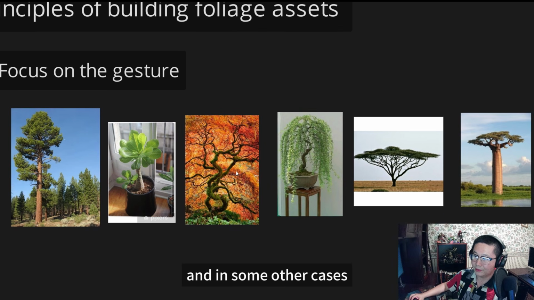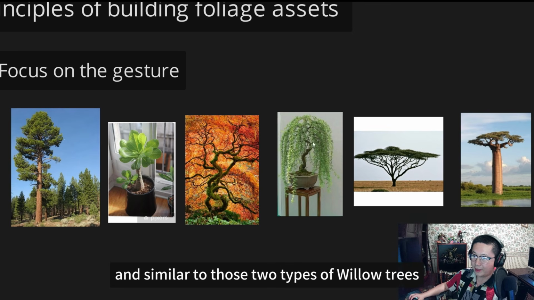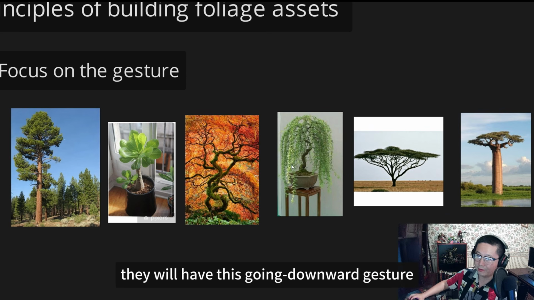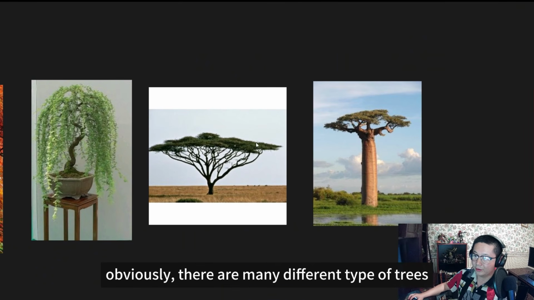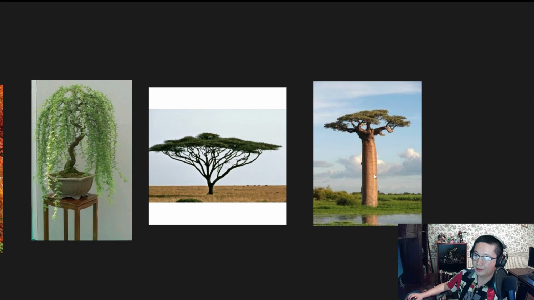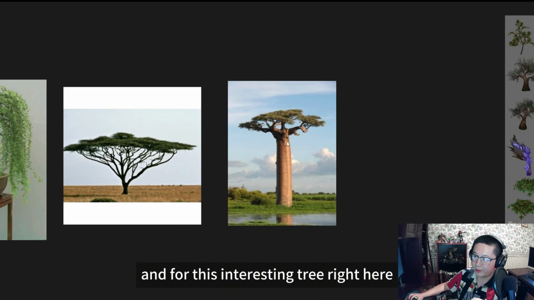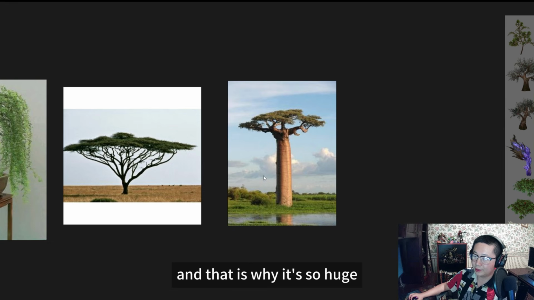And in some other cases, it might have a draping shape, and similar to those two types of willow trees, they will have this going downward gesture. And obviously there are many different types of trees. In some cases, they will be forming a plane on the very top, almost like an umbrella. And for this interesting tree right here, the middle part actually stores a lot of water, and that is why it's so huge.